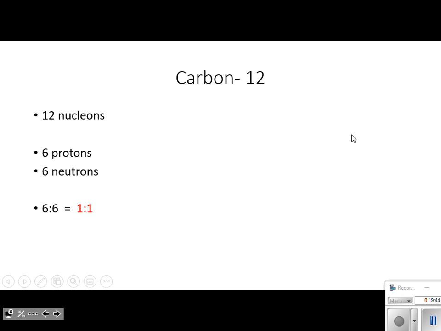Now let's look at carbon-14. See how its ratio now is 1.33 to 1? So carbon-14 is not going to be very stable because it's not at that 1 to 1 ratio. So if it's not very stable, it will decay. It'll undergo nuclear decay.